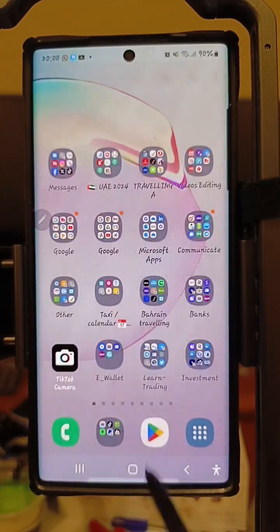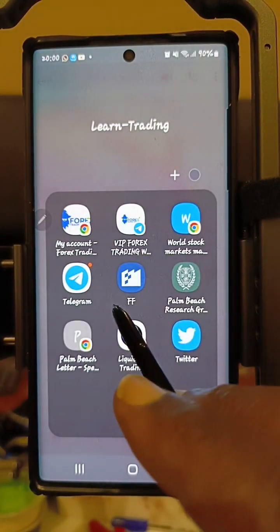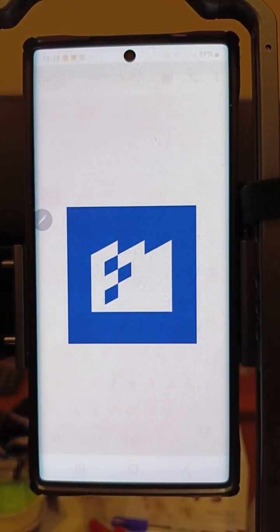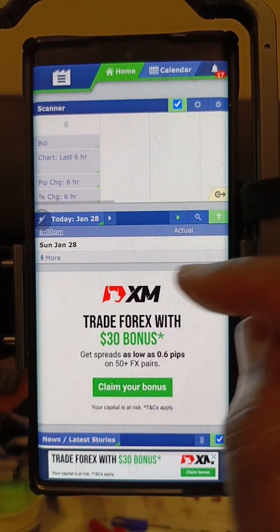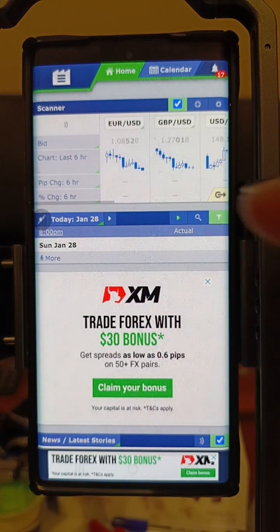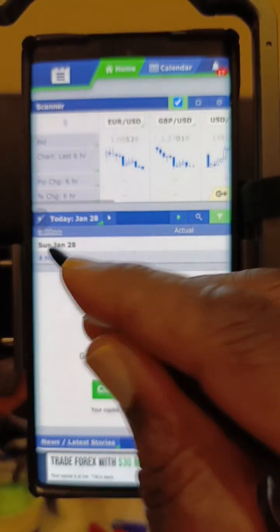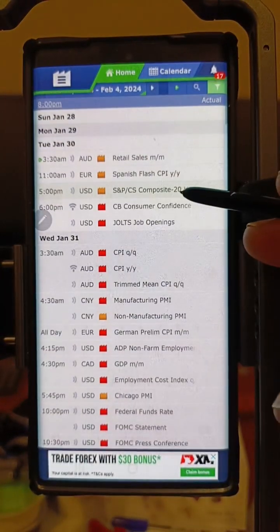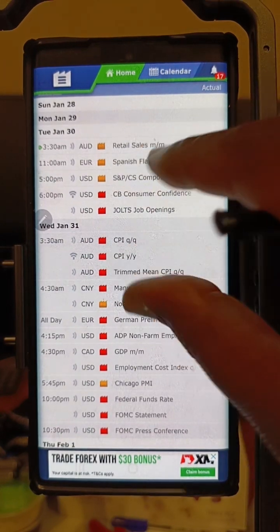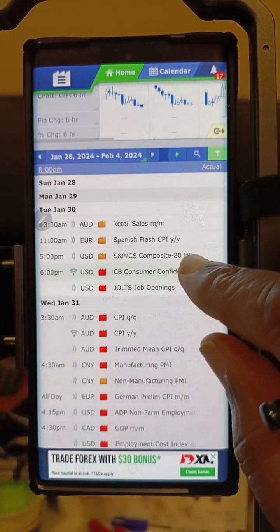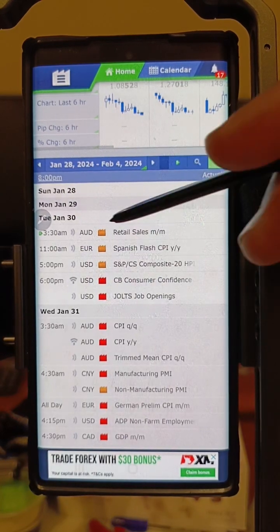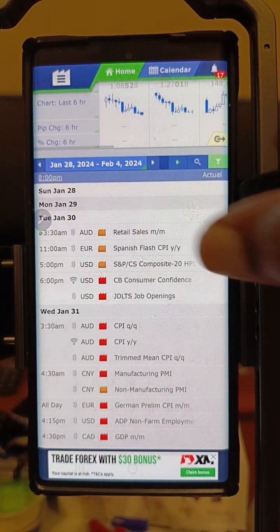Also, you need to be looking at whether there is any news coming up. Depending on what time you have, you can set these up to set your timing.